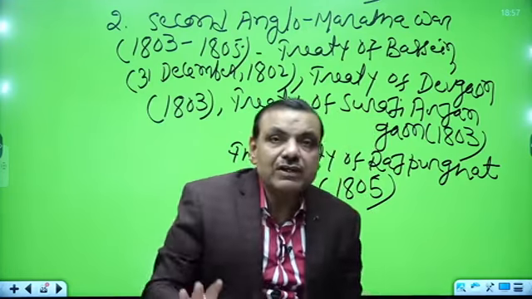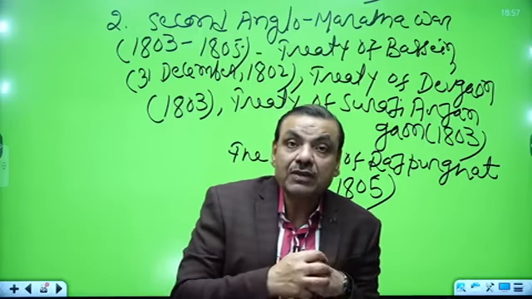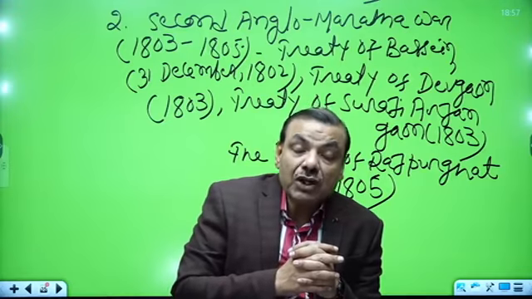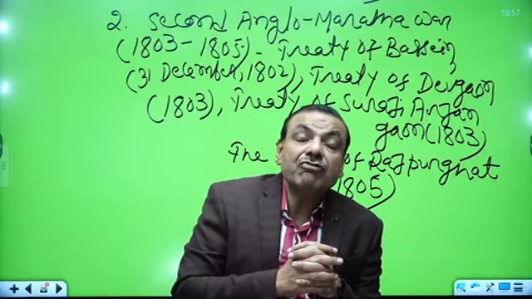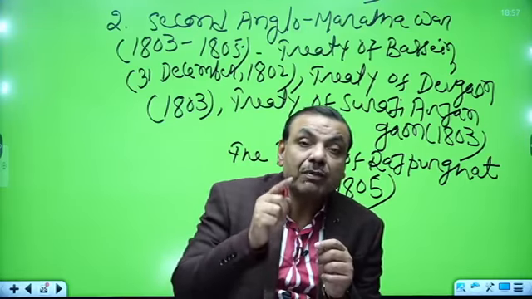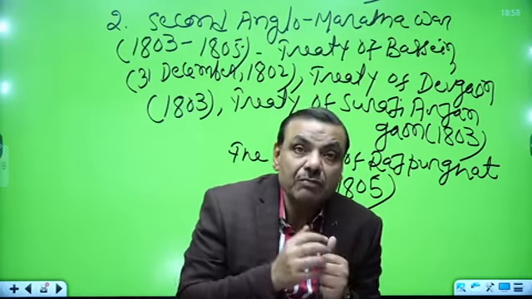So my friends, in this way Bajirao II was restored in Pune again, but in fact it was disturbing for the other factions of the Maratha Confederacy, because they started to interpret the situation in a very different manner.